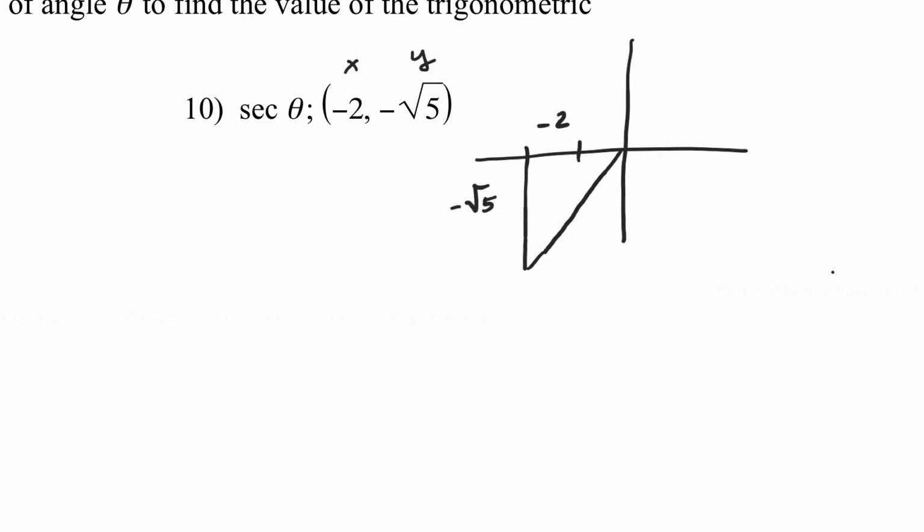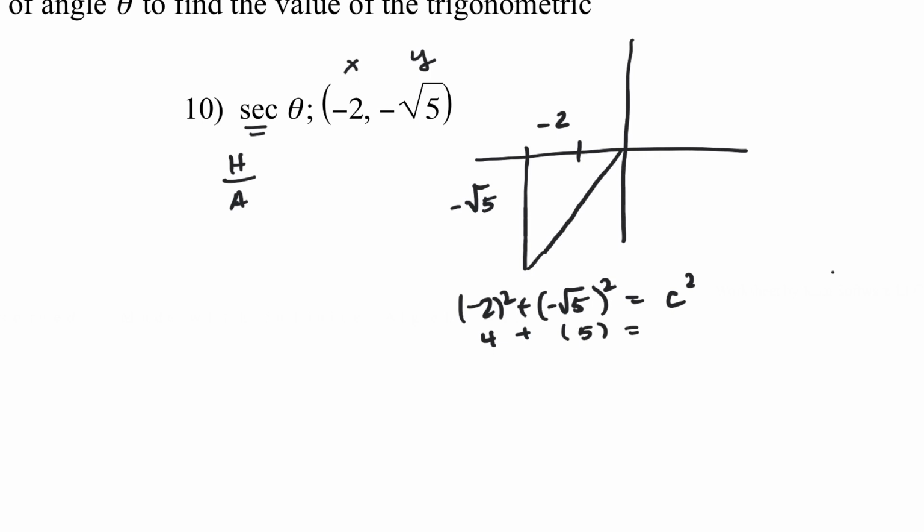What I need to know for secant is the hypotenuse divided by the adjacent. Well, I don't have the hypotenuse, but I know a very good way to find it. Negative 2 squared plus negative square root of 5 squared would be equal to your hypotenuse squared. So this is going to be 4 plus 5.